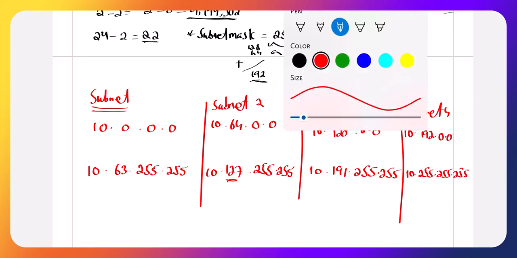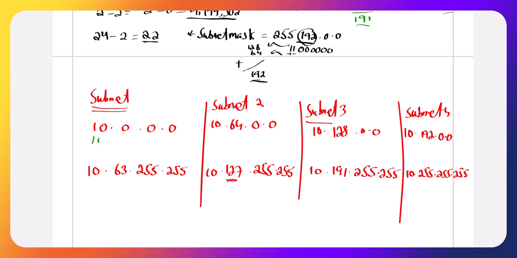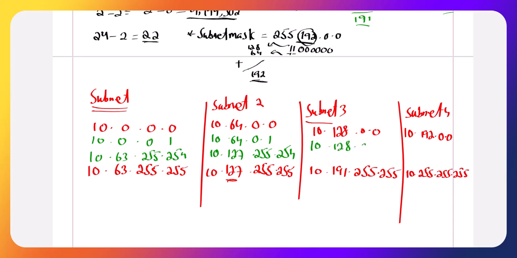If you want to find the first valid and last valid, very simple. Increase one at the start and decrease one at the last point. So 10.64.0.1 to 10.127.255.254, and here 10.128.0.1 to 10.191.255.254.